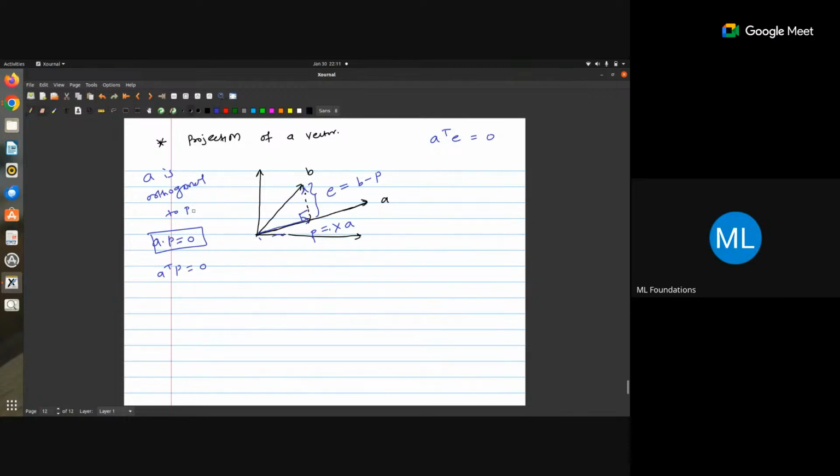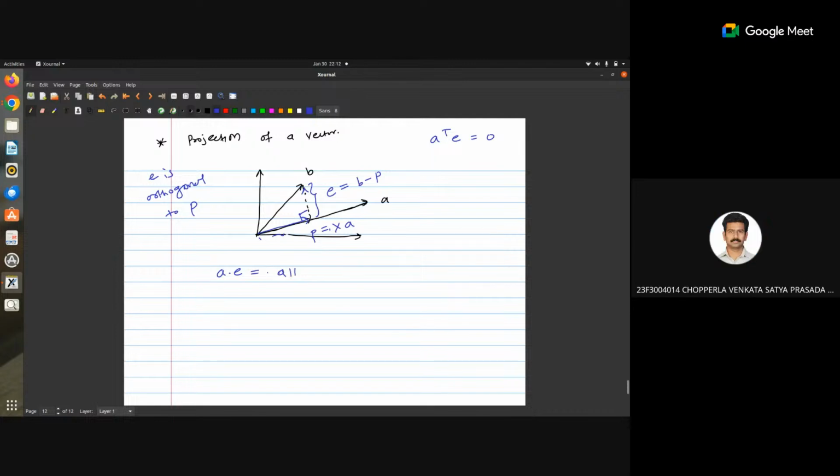Sorry, not P actually, E. Is that okay? Sir, is it A dot P equal to 0 or A transpose E equal to 0? A transpose E equal to 0, or the other way around is fine. E transpose A also equals 0. Maybe, what is the dot product between A and E?